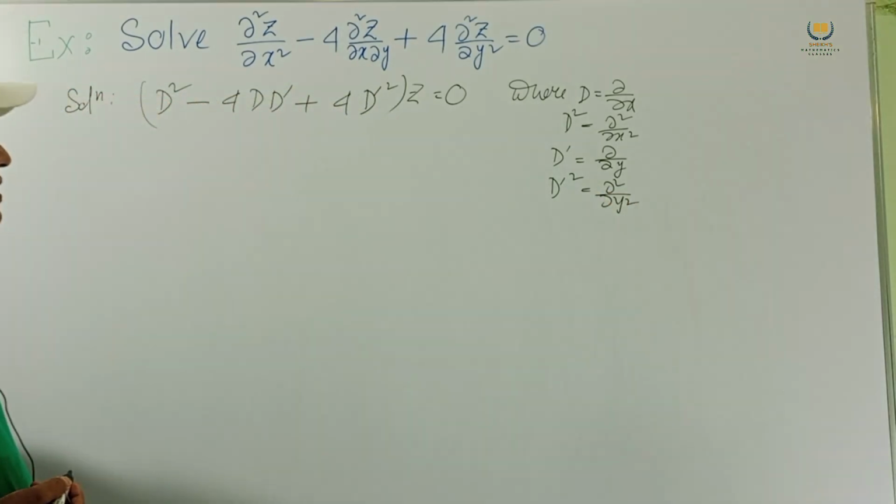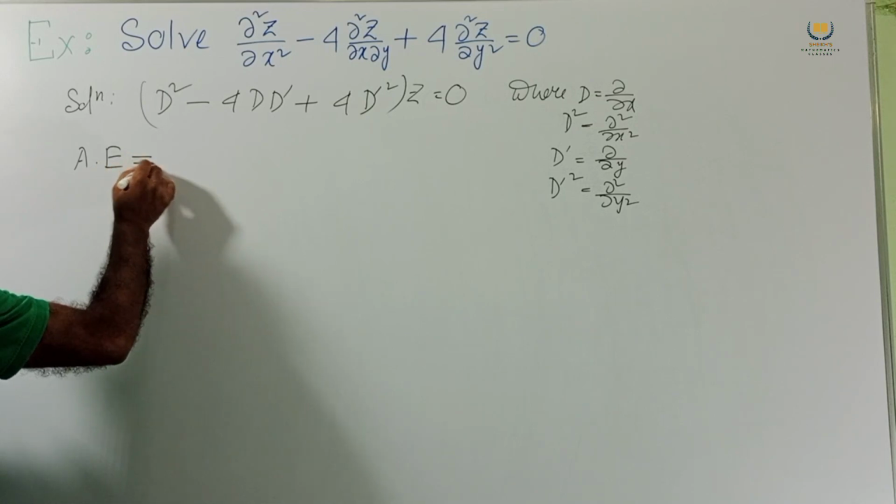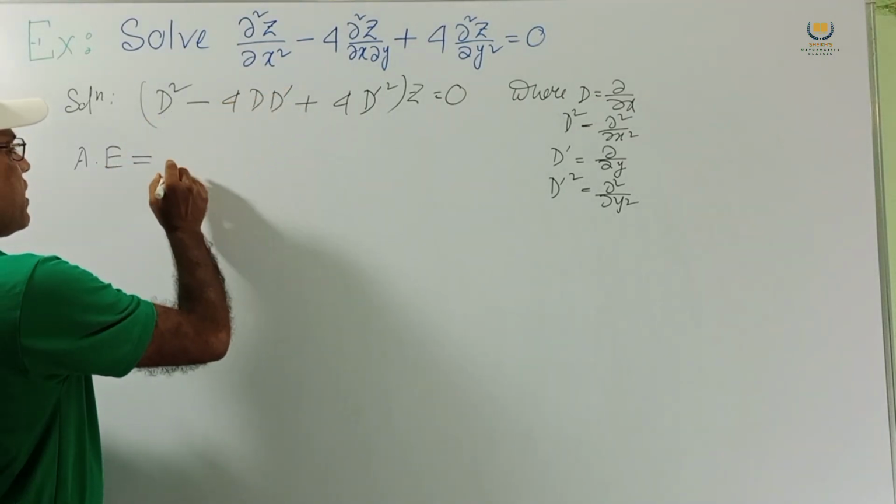Now the auxiliary equation: we put D equal to m and D' equal to 1.